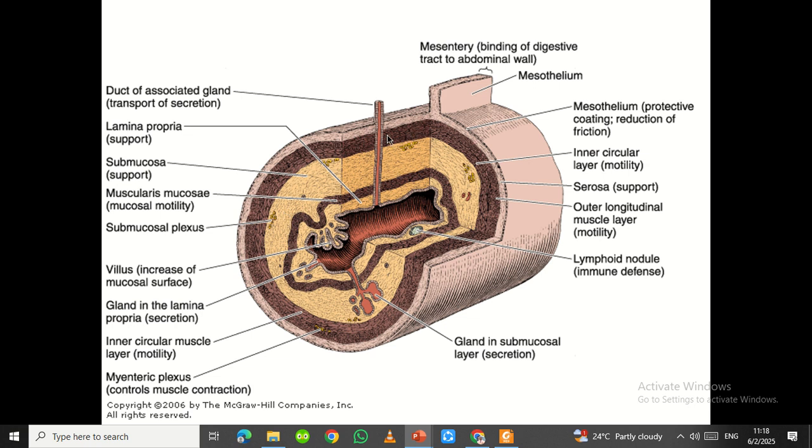And then you're going to have your muscularis externa, and right in the muscularis externa, between the inner circular and the outer longitudinal, you have a plexus called the mesenteric plexus. This is responsible for muscle contraction, for peristalsis. Then the outer layer, right, this is going to be your serosa. You understand?